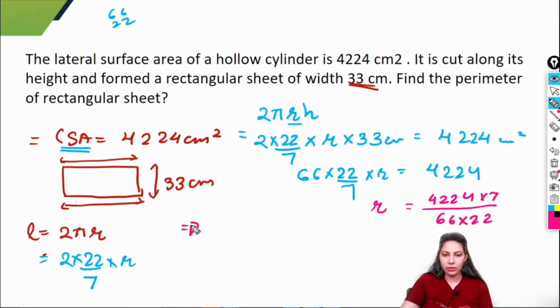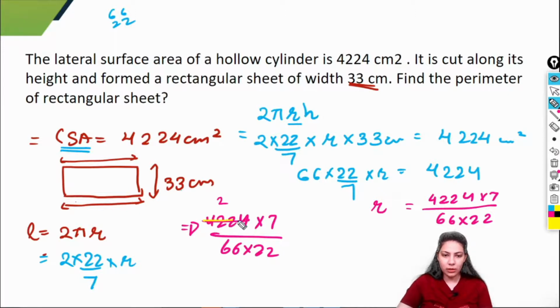Let me solve over here so that it's visible. Okay, so 4224 into 7 upon 66 into 22. So 2 2s are 4, 2 1s are 2.